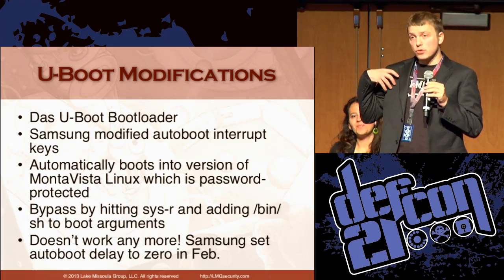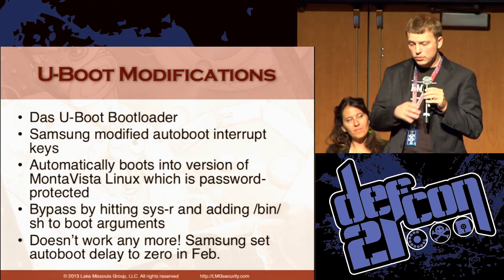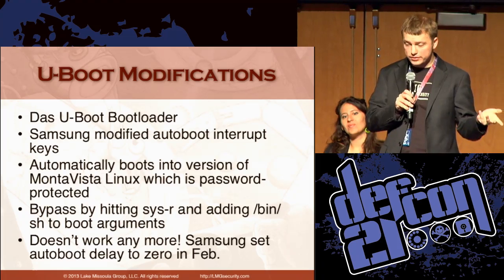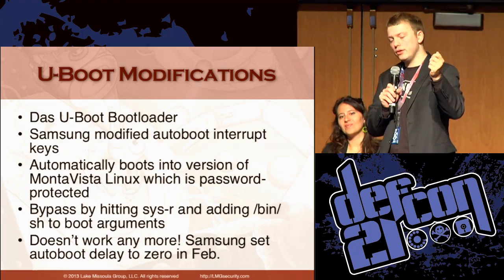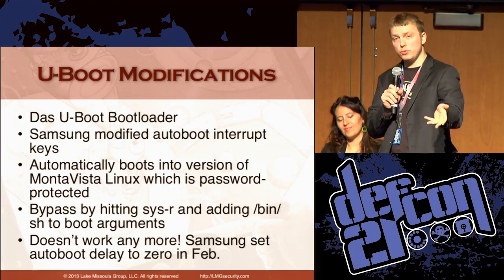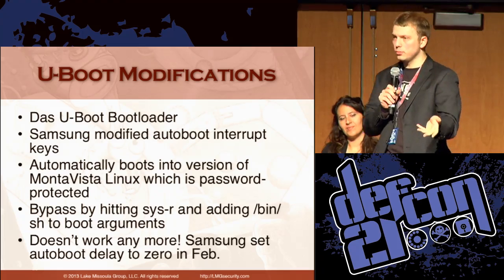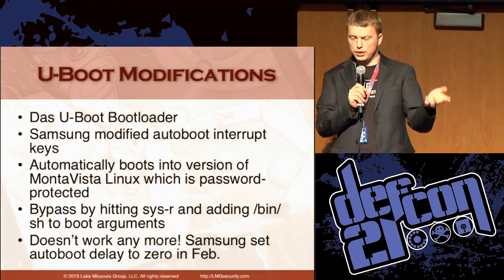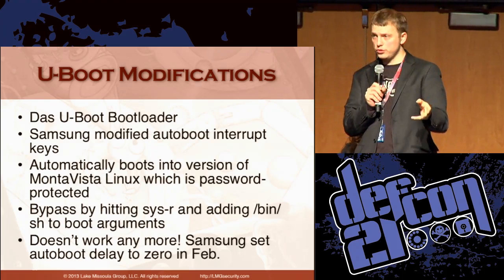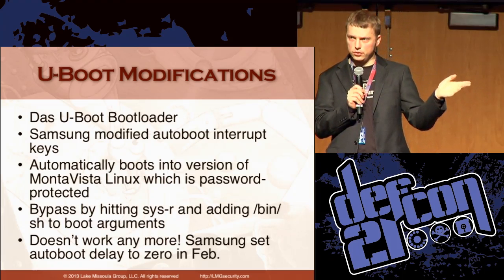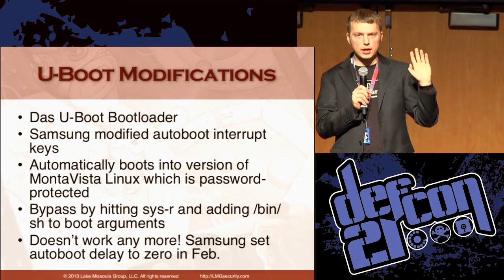So as soon as we got console access, we find their first layer on here of the stack is a U-Boot bootloader. Samsung's done a little bit to modify the U-Boot bootloader. They have published their source code since it's GPL licensed, so you can go to their website and download it.